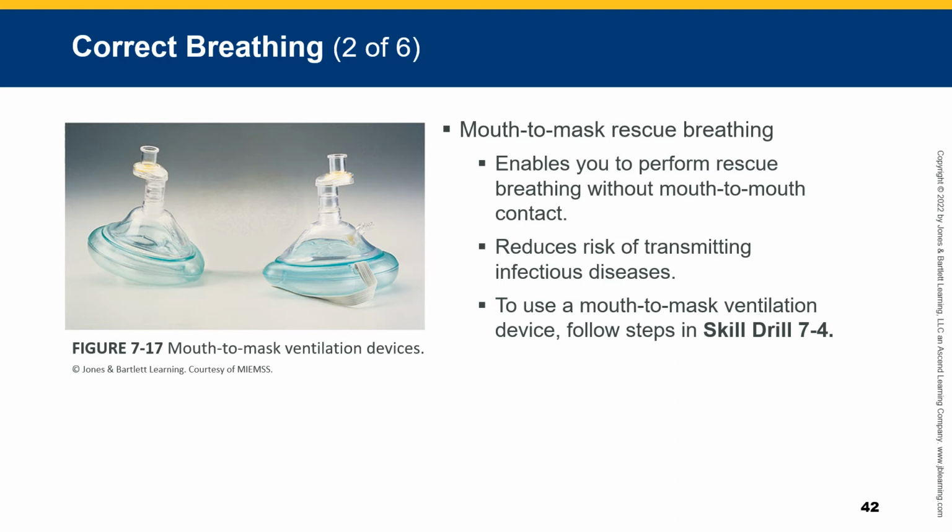Because mouth-to-mask devices prevent direct contact between you and the patient, they reduce the risk of transmitting infectious diseases. To use a mouth-to-mask ventilation device for rescue breathing, you want to follow the steps in Skill Drill 7-4 and also what you learned from your certification from the American Heart Association.